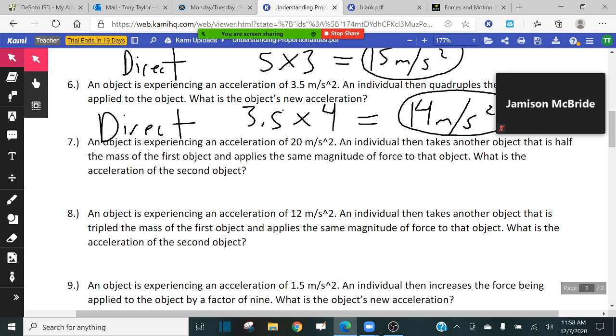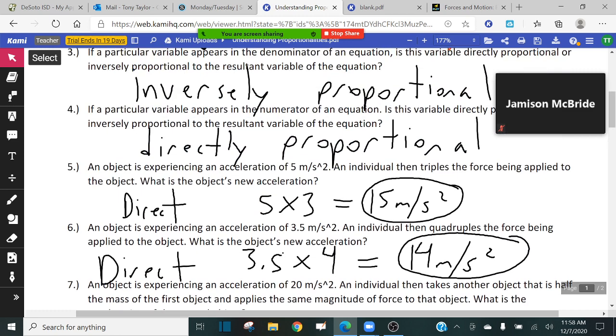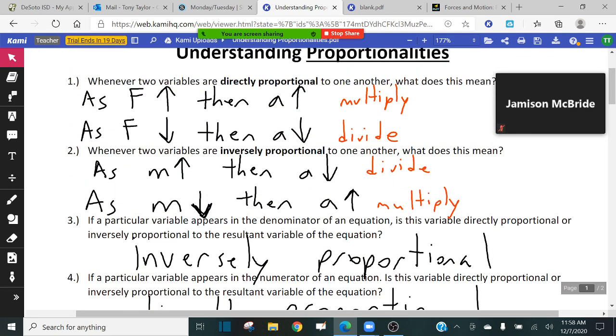Okay, so guys, notice what it said. We took our mass and we halved the mass. That means our mass decreased. Our mass went down, so we need to look at this situation right here. As mass decreases, acceleration must increase. So we need to multiply.